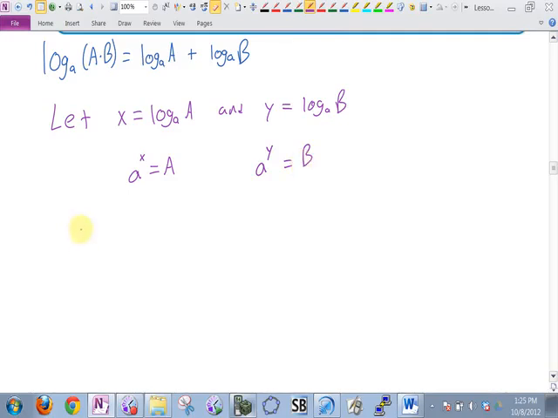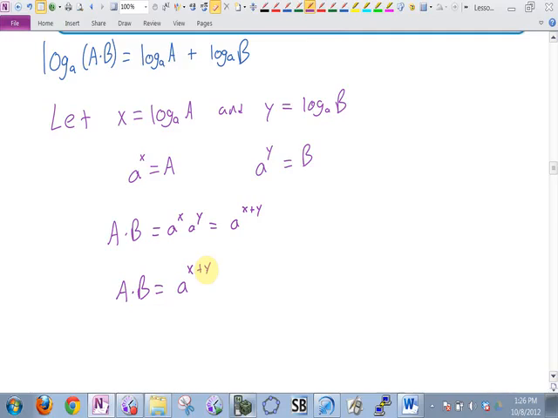So now let's take capital A times capital B. Well, according to these statements up here, using simple substitution, isn't that the same thing as saying a to the x times a to the y? And how do you multiply powers that have the same base? So that becomes a to the x plus y. So here's what we have. Capital A times capital B equals lowercase a to the x plus y. Agreed?